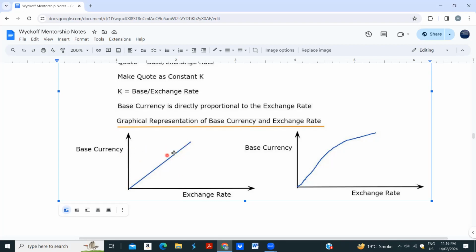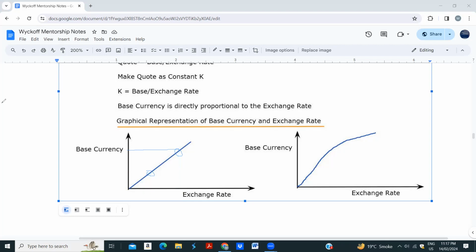And when the value of the base currency is decreasing, the value of the exchange rate is also decreasing. Let's suppose we have point 1 and point 2. Here, the value of the base currency has increased, so we have a greater value of exchange rate. Here, the value of the base currency has decreased, so the value of the exchange rate has also decreased. You can see over here. Very easy.